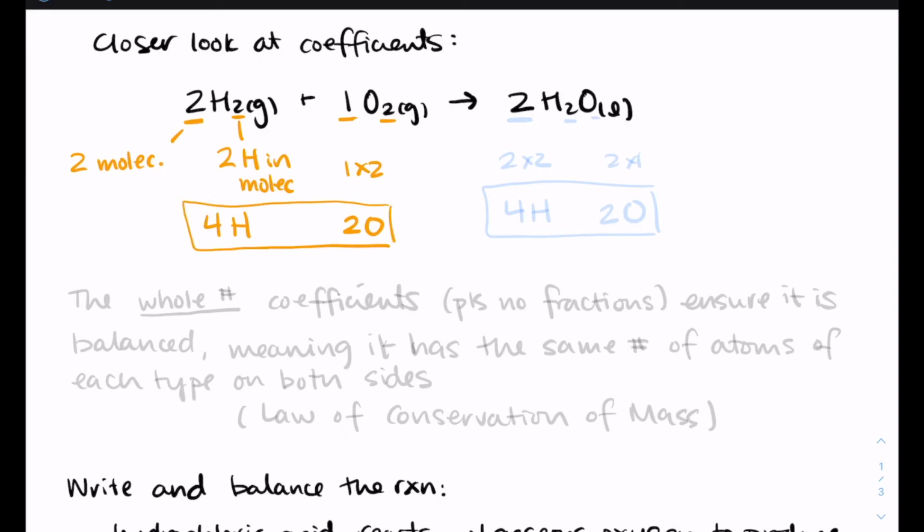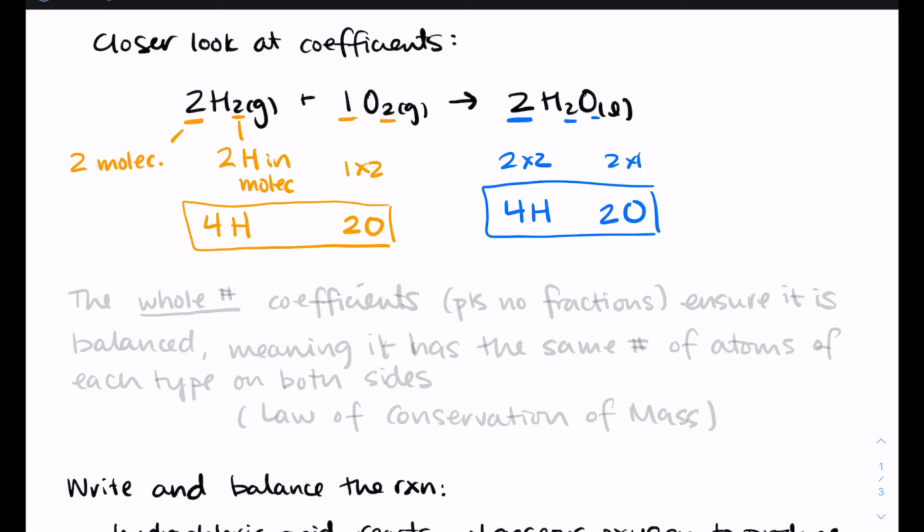Now, the hydrogens and oxygens were in separate molecules, so I didn't need to add anything else up. If you were looking at equations where maybe hydrogen is present in multiple molecules, don't forget to account for all of the molecules. On the product side, I have 2 molecules of H2O.